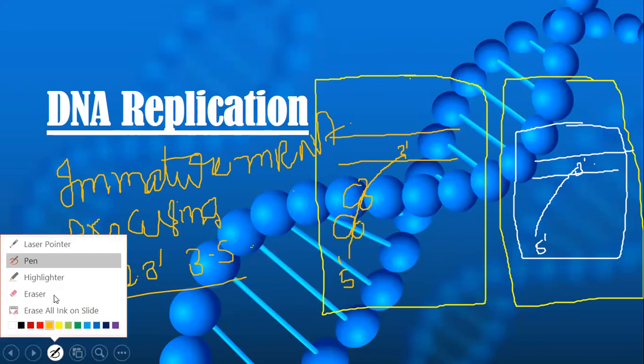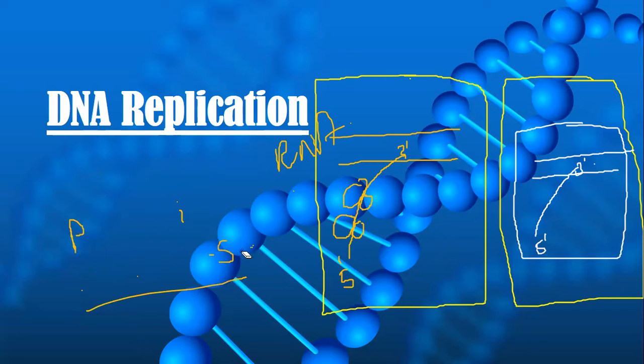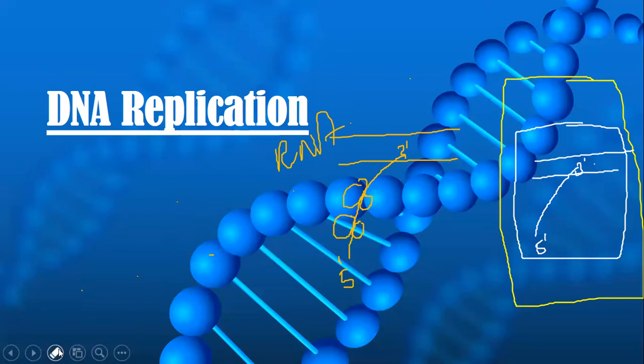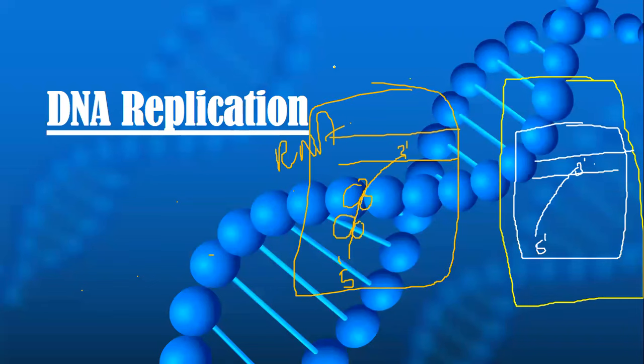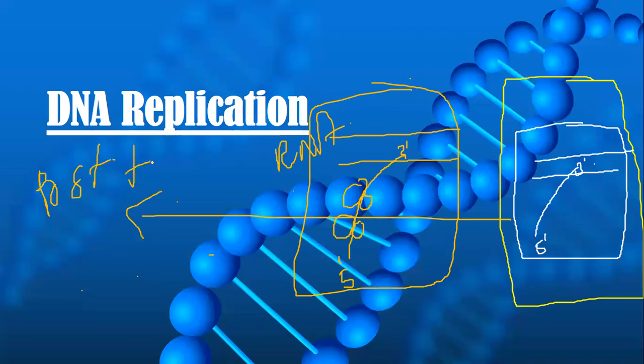Now, the question is very clear: when are these modifications happening? These modifications happen after the transcription. Yes or no? Since they happen after the transcription, we call them post-transcriptional processes.